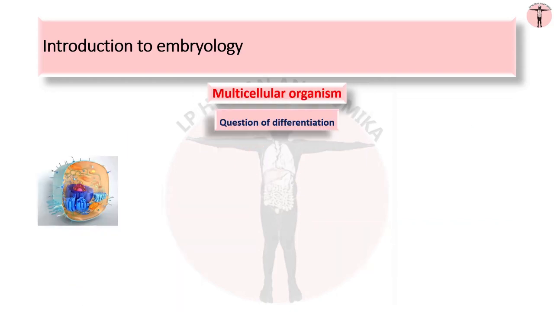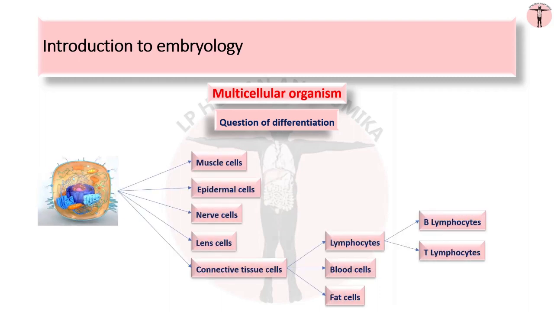The question of differentiation. A single cell, the fertilized egg, gives rise to hundreds of different cell types: muscle cells, epidermal cells, neurons, lens cells, lymphocytes, blood cells, fat cells, and so on. This generation of cellular diversity is called differentiation.